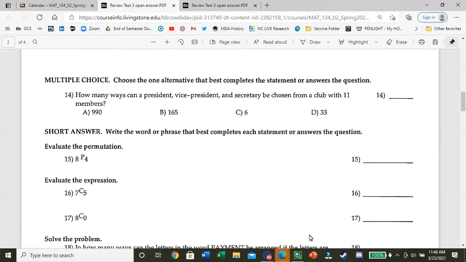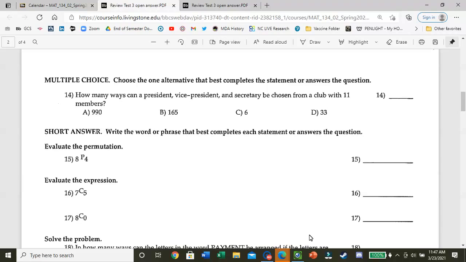14, how many ways can president, vice president, secretary be chosen? Questions there? For 14?